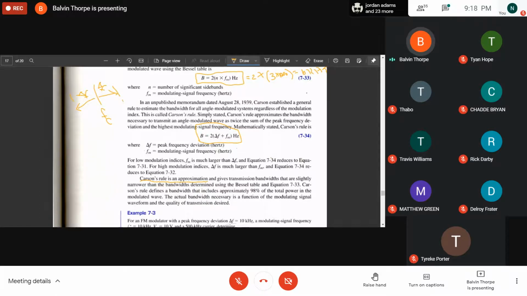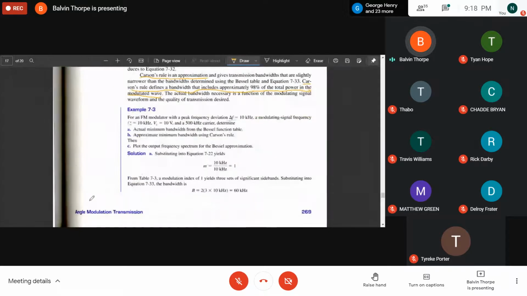It says Carson's rule defines a bandwidth that includes approximately 98% of the total power in the modulated wave. So he's using 98% instead of 100% to do an estimation, okay? So there's absolutely nothing wrong.